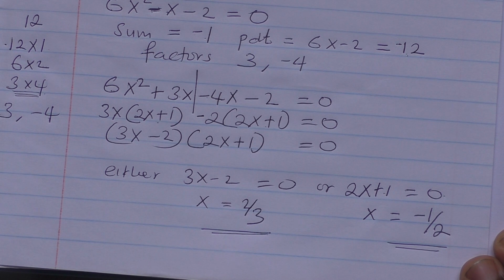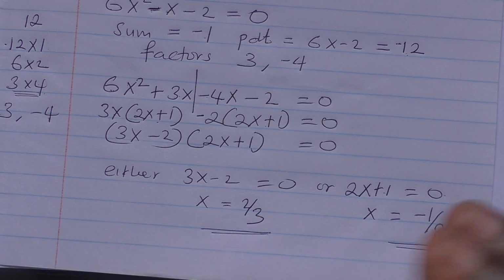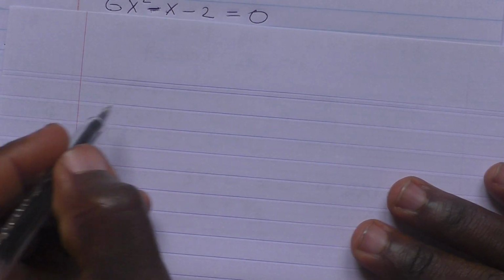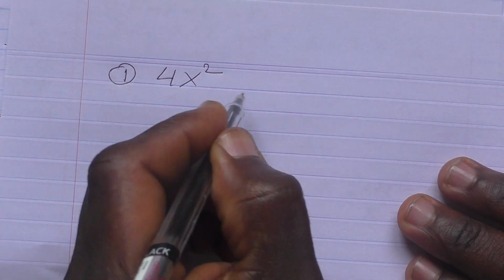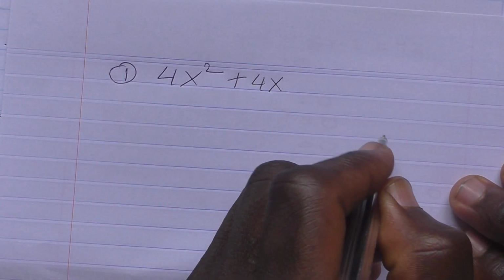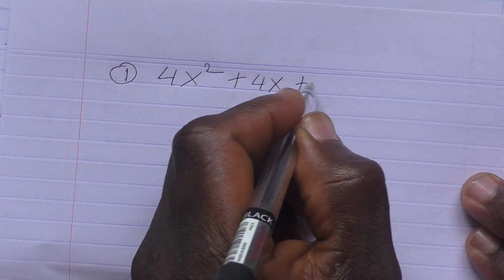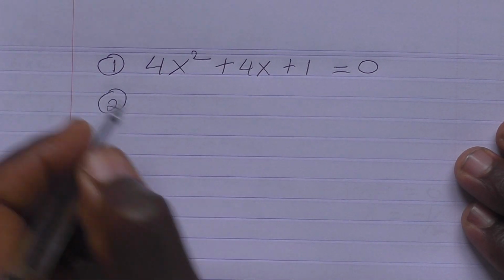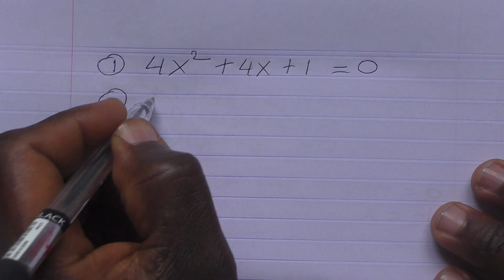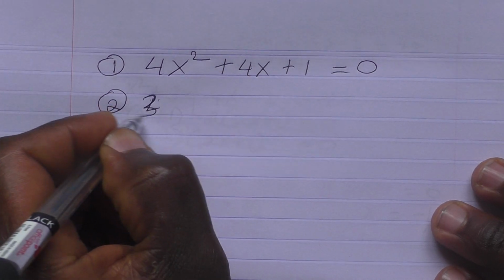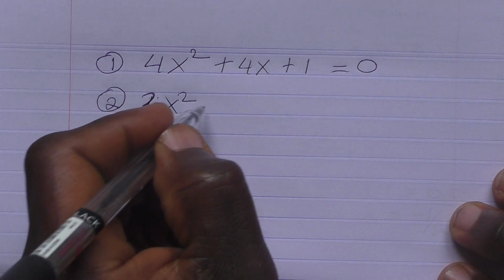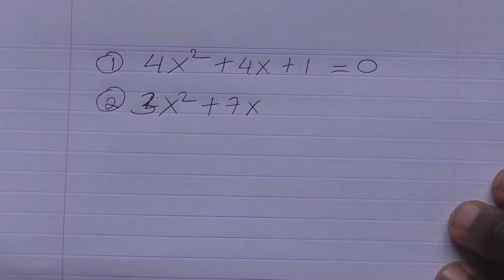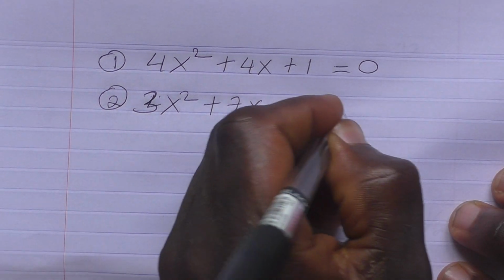Otherwise, you also try out these two numbers I'm going to give you. Number 1, we have 4x squared plus 4x plus 1 equaling to 0. And the second will be 3x squared plus 7x equaling to negative 4.